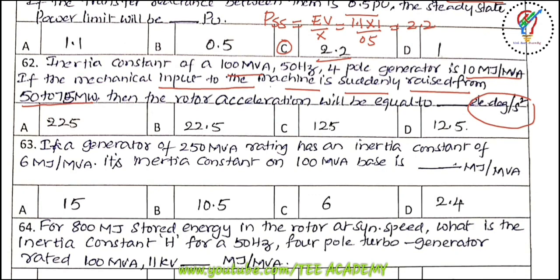If the mechanical input to the machine is suddenly raised from 50 to 75 megawatts, then the rotor acceleration will be equal to dash electrical degrees per second square. I will give you the answer directly and the explanation in the upcoming videos, as it will take some time. The answer is 225 electrical degrees per second square.